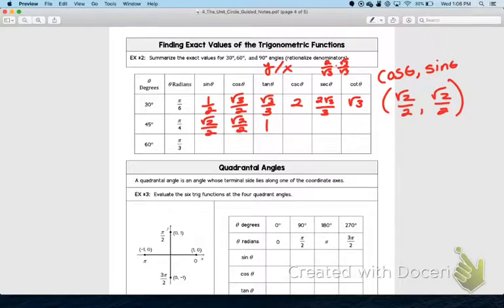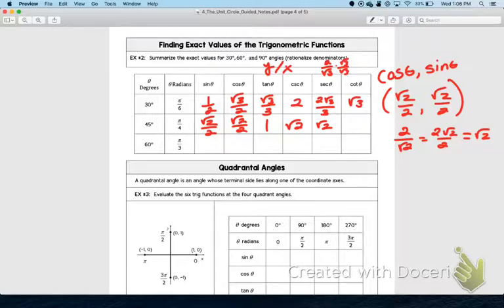Cosecant is the reciprocal of the sine, so 2 over root 2. So 2 over root 2 would rationalize to 2 root 2/2, which is just root 2. Right, so root 2. Secant would be root 2 also. Cotangent would be the reciprocal of 1, so 1.